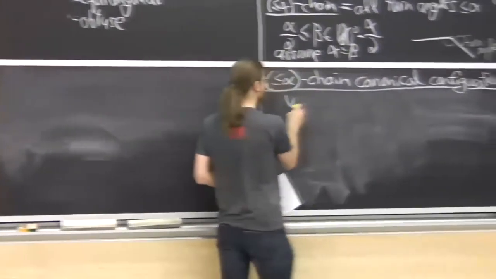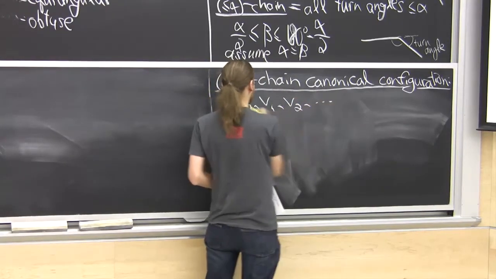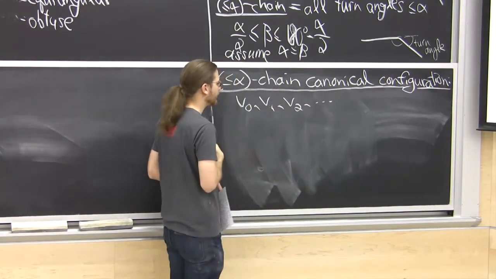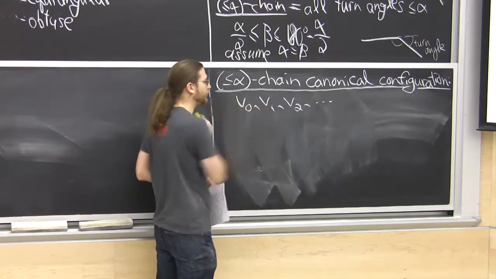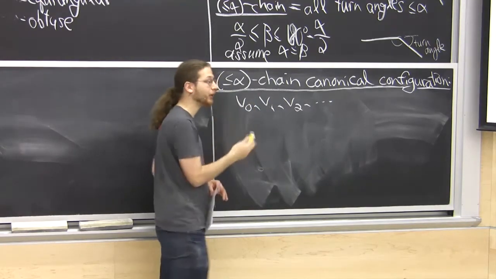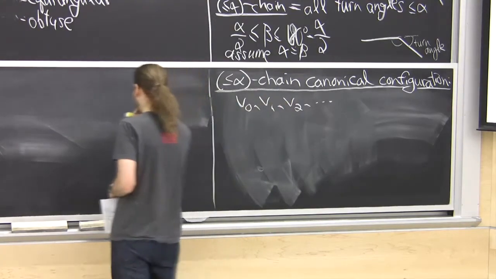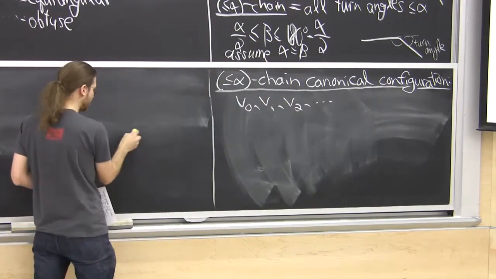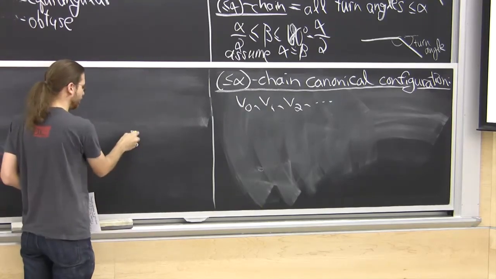So in general, we have some chain V0, V1, V2, and there's defined lengths between them, and there's defined angles between every triple in sequence. So I'm going to start with V0 somewhere. It doesn't really matter by translation. Say the origin of space.